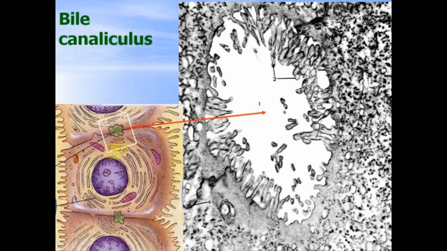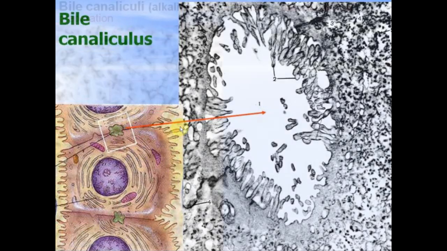So bile never reaches the blood of sinusoid capillaries located around hepatic trabeculae. But if hepatocytes are destroyed, the bile can reach it.